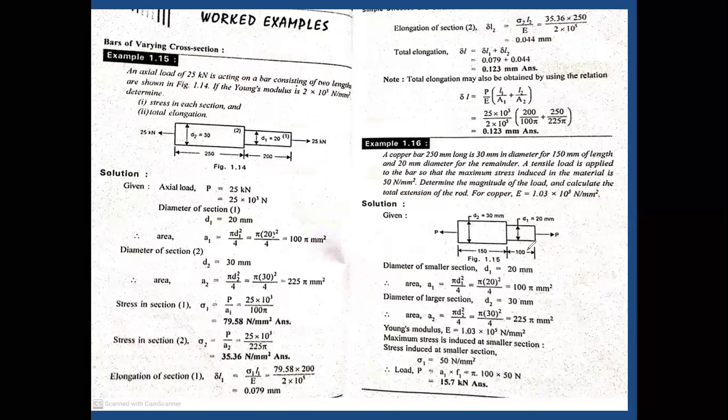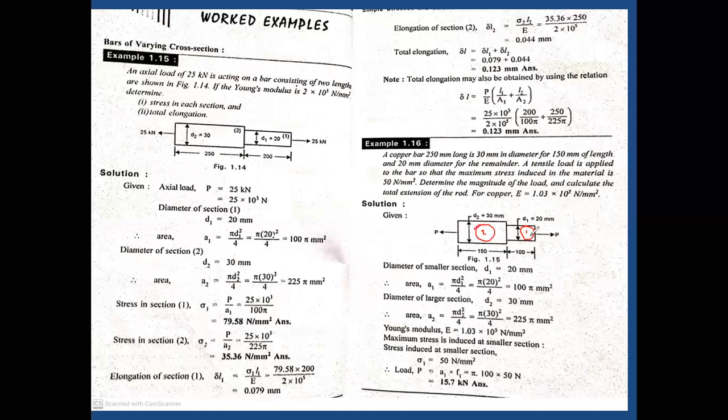Whatever the problem has given, the first step is to split the entire workpiece into two sections, two portions. In this situation, I consider this portion as 1 and this portion as 2.